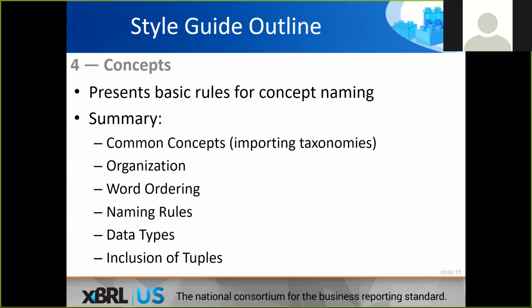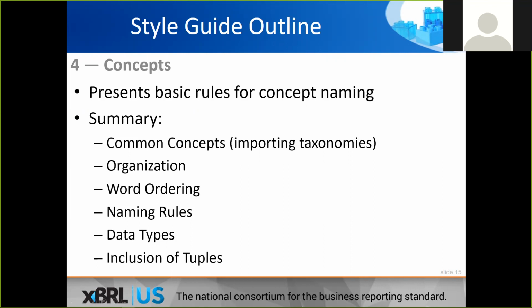Sometimes they're ordered one way or another, and this again is seeking consistency. There are different forces that push on this word ordering. It's really neat to have element names that line up when you sort them. But on the other hand, they don't make much sense when you read them out loud if they're out of natural language order.